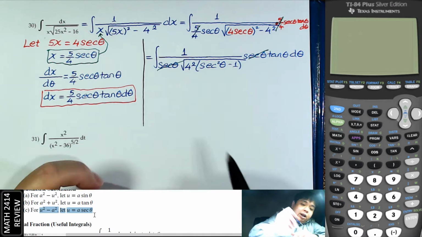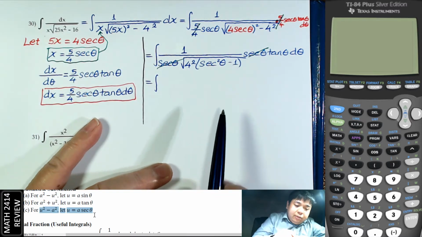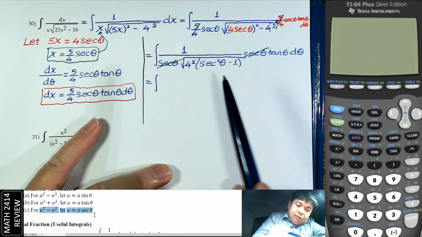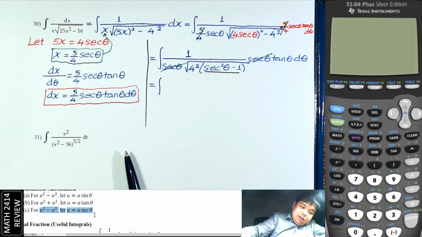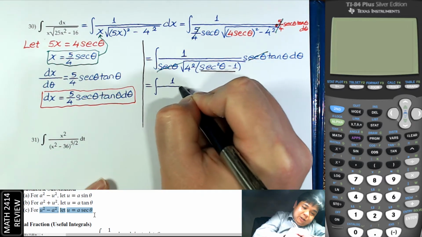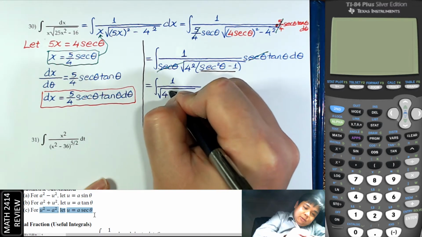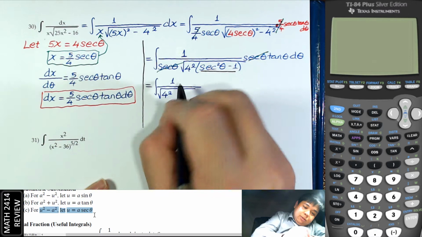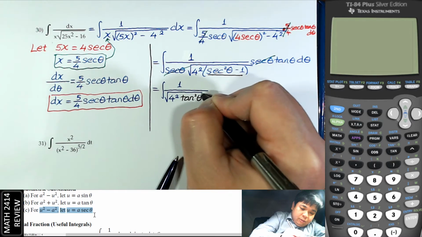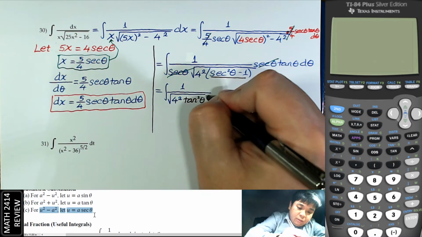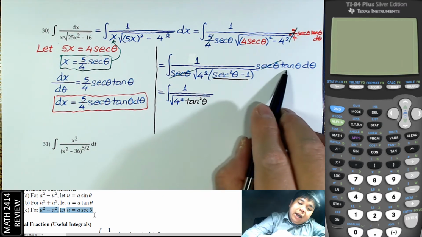Right. Next. The 4 squared secant squared minus 1, that is tangent squared. And then there's tangent.